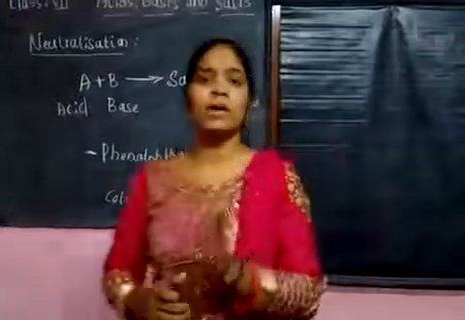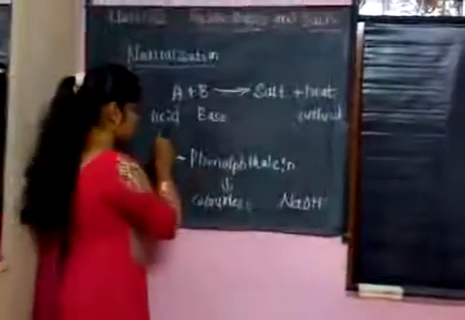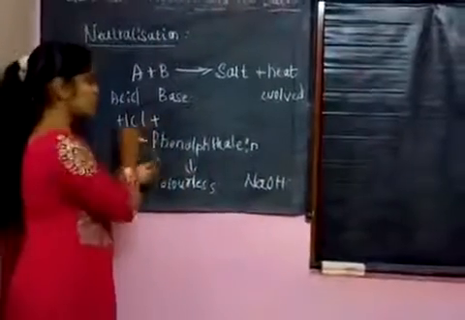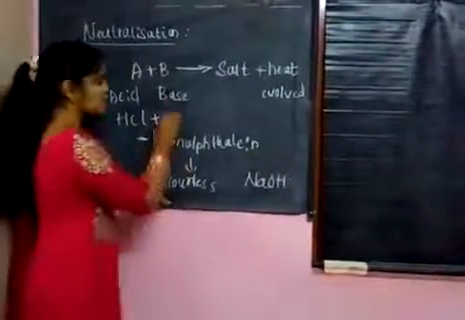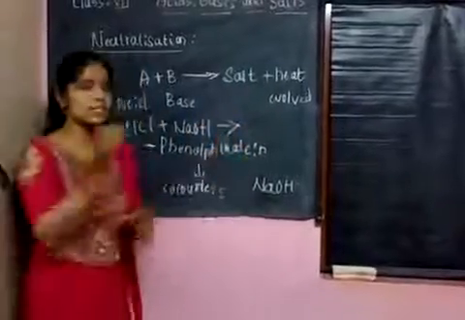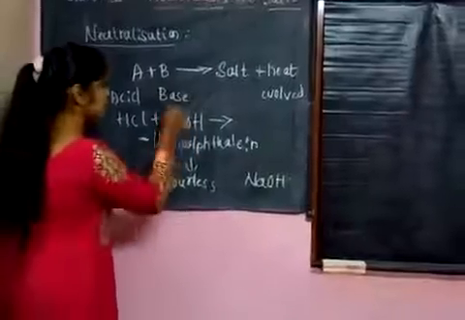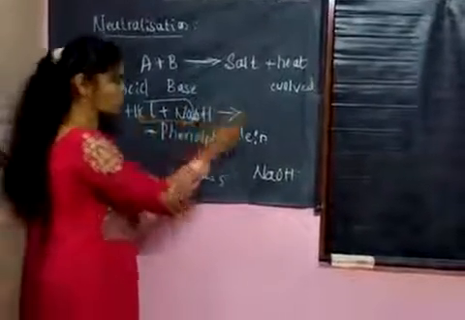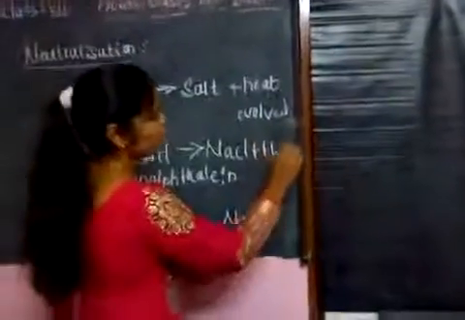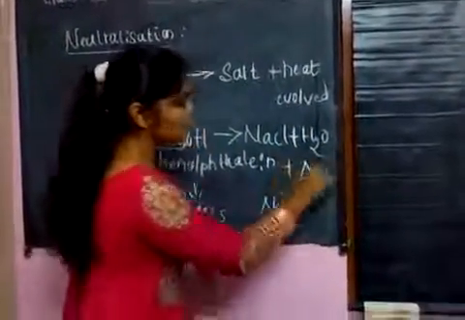The well-known best example for an acid is what? HCl, that is nothing but hydrochloric acid. When this hydrochloric acid reacts with sodium hydroxide, NaOH, then there is a formation of a salt, that is NaCl, which is a salt, and water is evolved and there is also heat released.